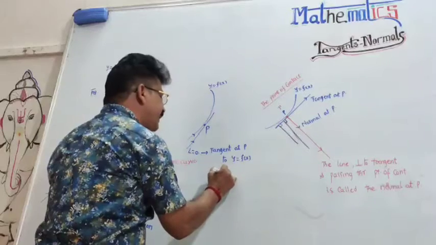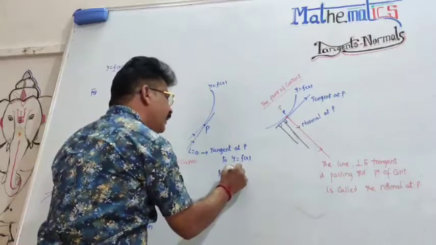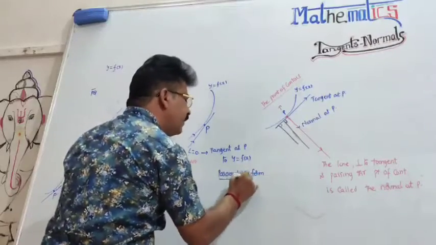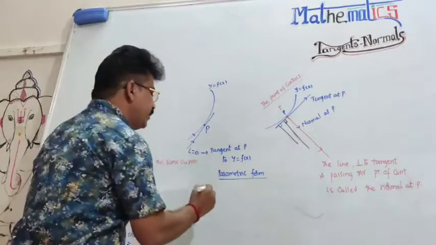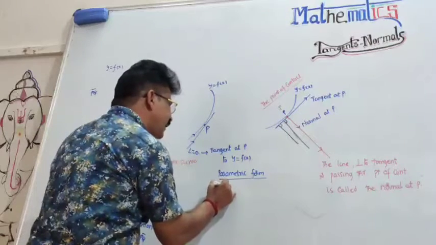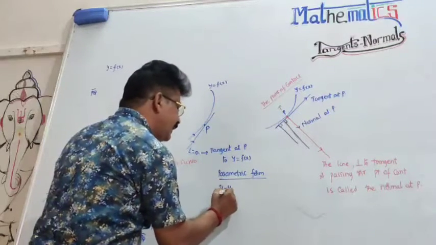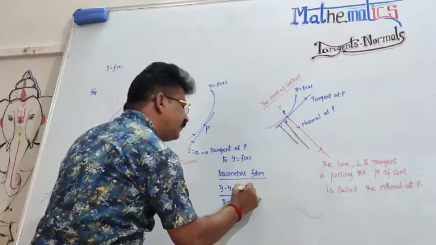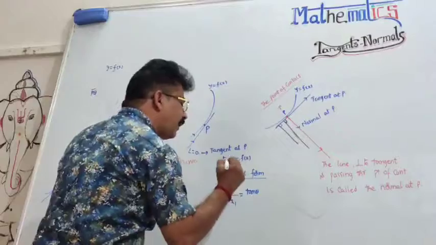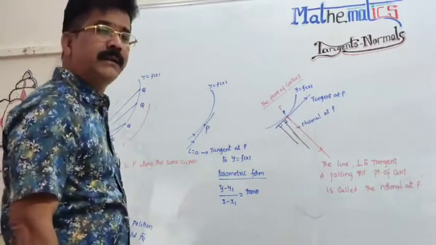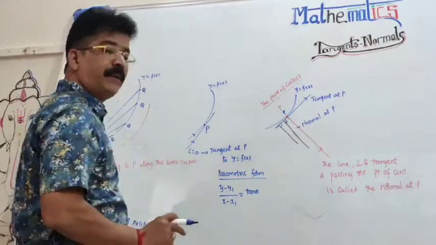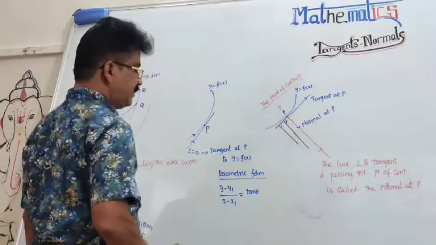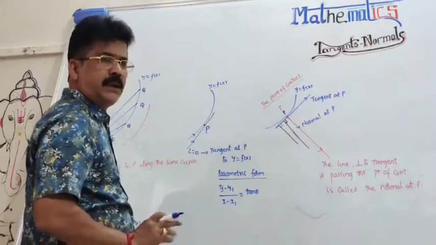Parametric form means y minus y1 divided by x minus x1 is equal to tan theta. Understand?